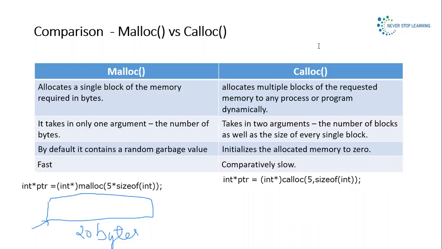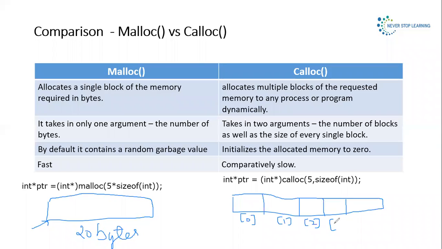If we look at how it is denoted in memory, 5 into 4 means 4 bytes, 5 blocks. So what will happen in calloc? Here this is the 0th location with 4 bytes, the first location with 4 bytes, the second location, the third one, and the fourth one.